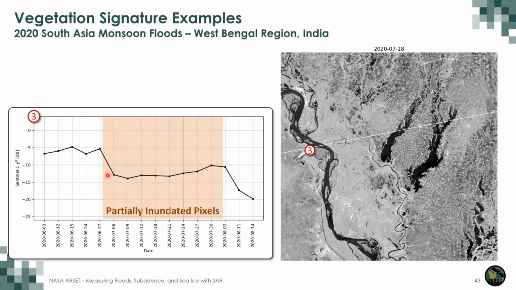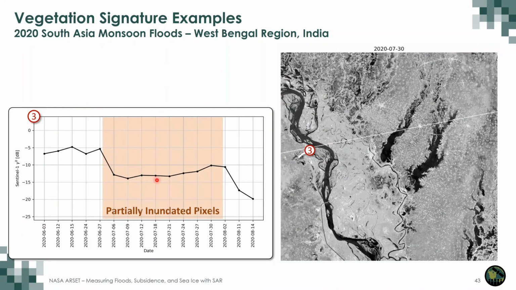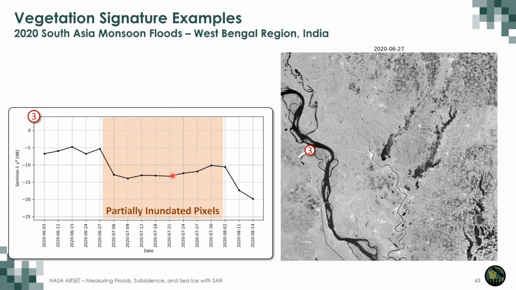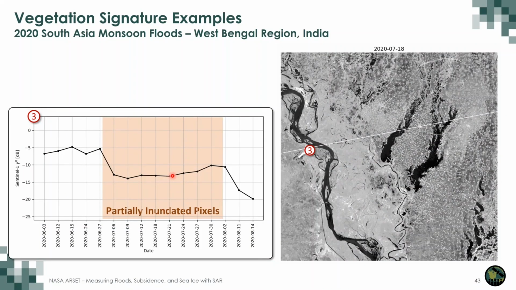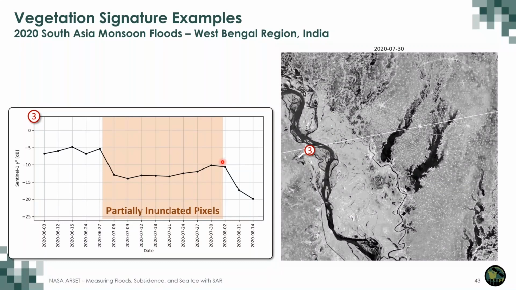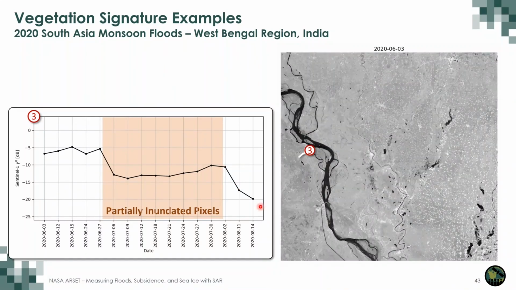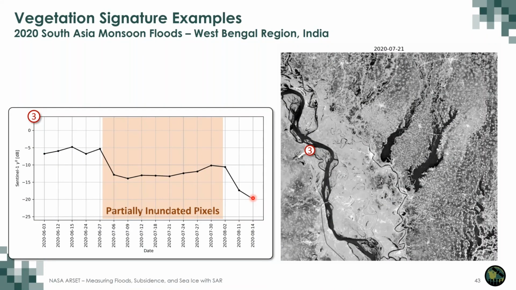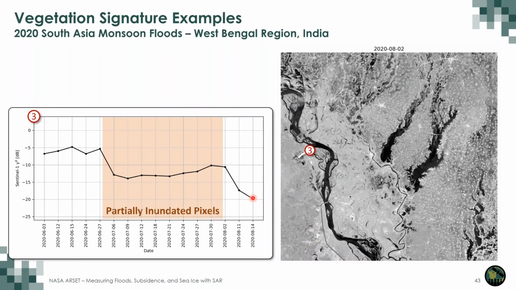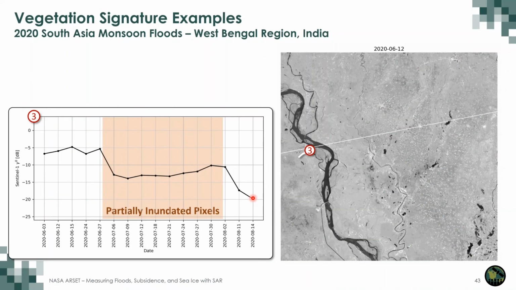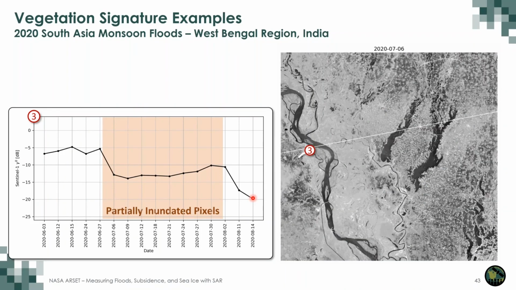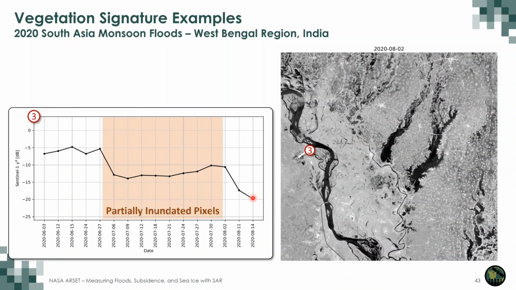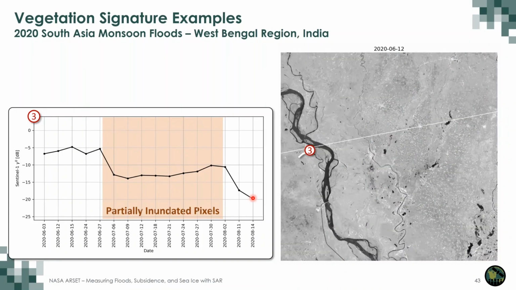So part of that 30 by 30 meter pixel has standing water, and other parts of that pixel are still elevated terrain. And only when the rest of the pixel also gets inundated, the radar brightness will fall to that minus 20 dB level. So these time series are really useful to understand how a flood progresses and to pick time steps at which a certain pixel became fully inundated.